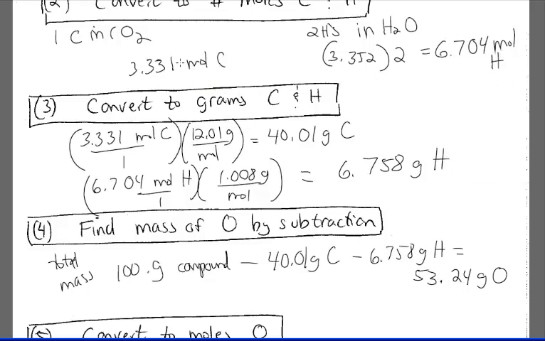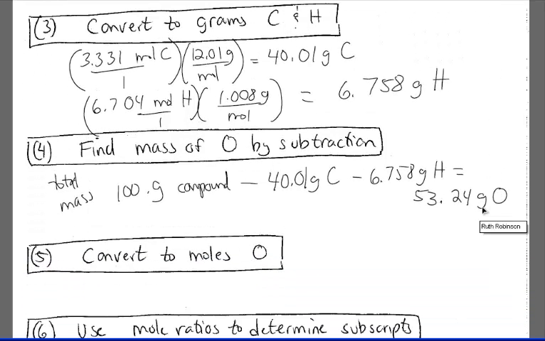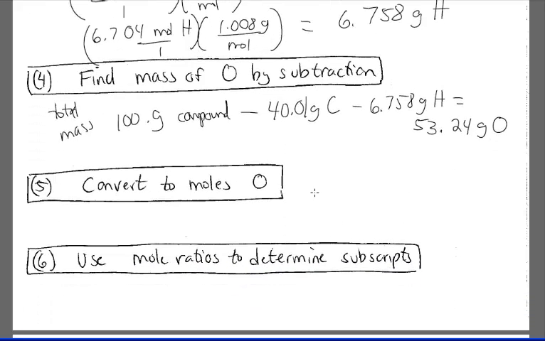All right, so we already know the moles of hydrogen and carbon. If it was just hydrogen and carbon, we could have done the empirical formula way back here. But we needed to know how many moles of oxygen. Now we have grams of oxygen, so we can produce number of moles. And so we take our number from here, 53.24 grams of oxygen, and convert it into moles using molar mass.